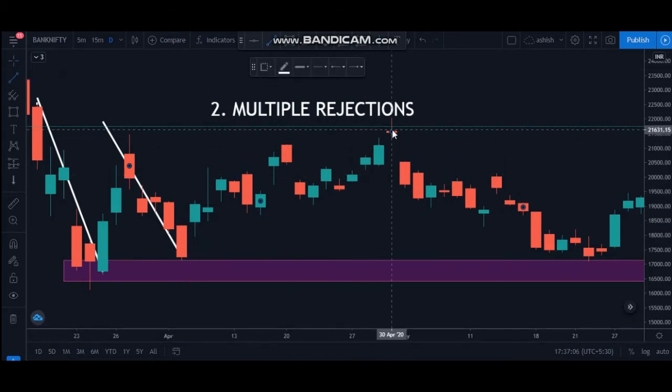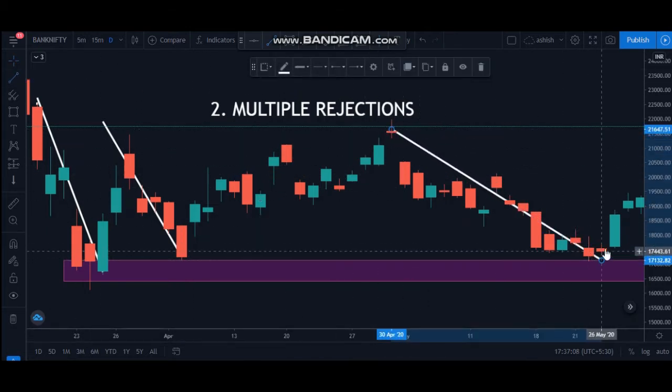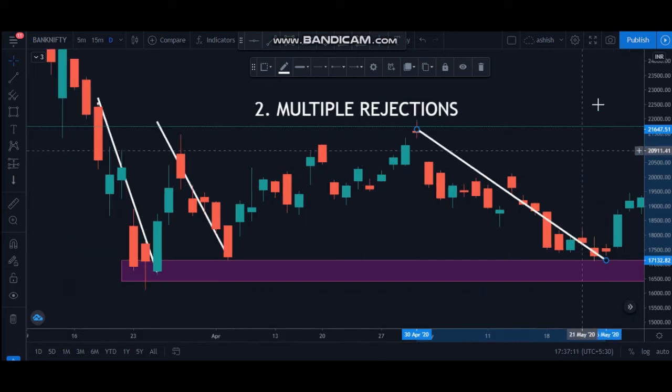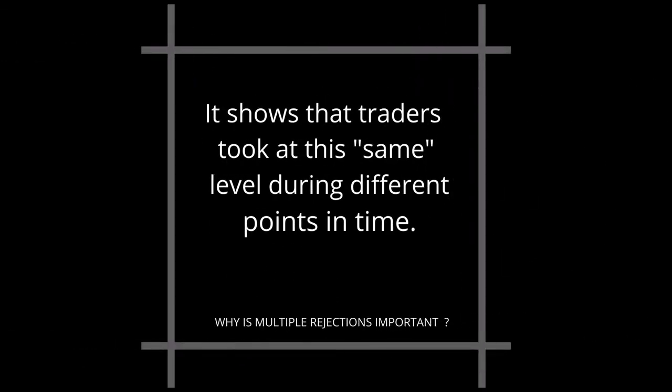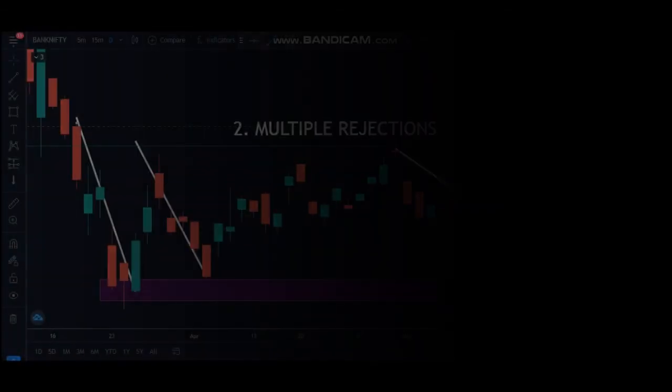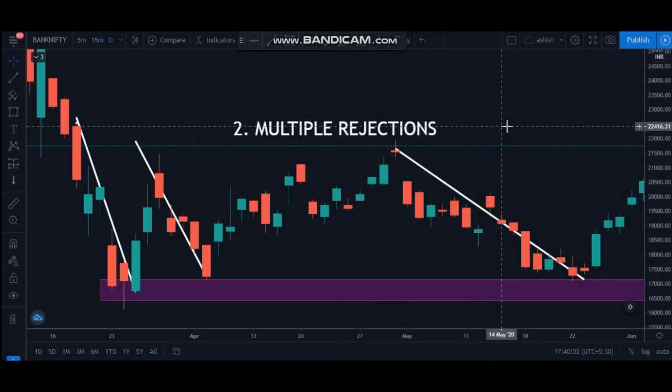The third time it came to this area and reversed. So why is this important? Multiple rejection shows that price reacted to this area more than once, meaning traders took action every time price came to this zone.